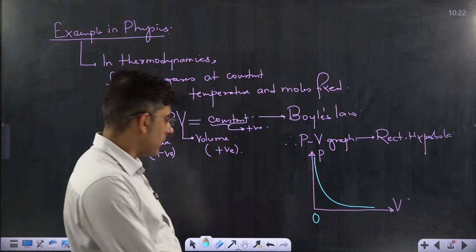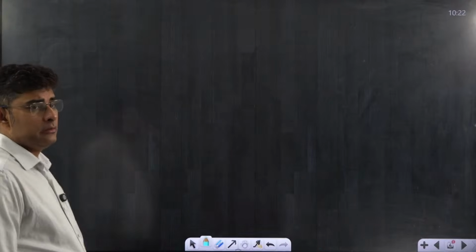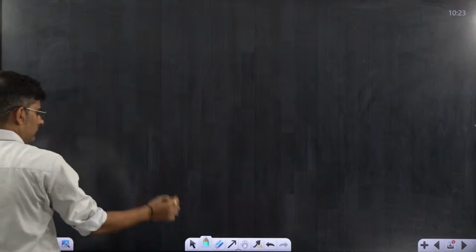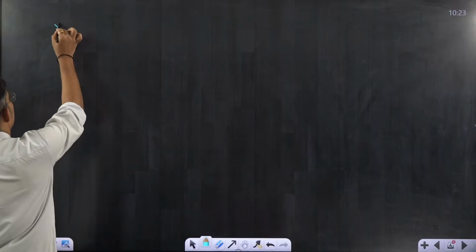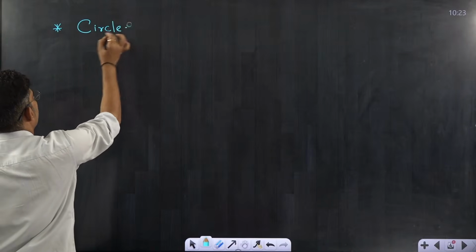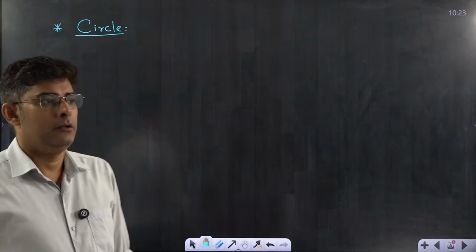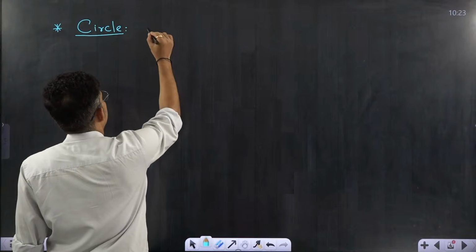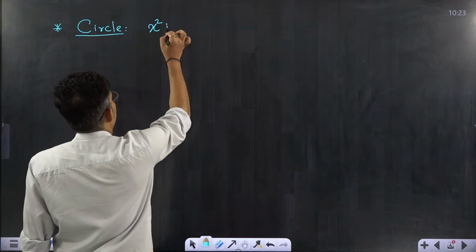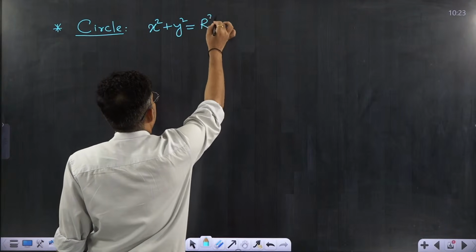This is an example of a rectangular hyperbola. Now we move to the next important set of graphs. We are going by the standard equations. Next is a circle. The standard form is x square plus y square equals r square.